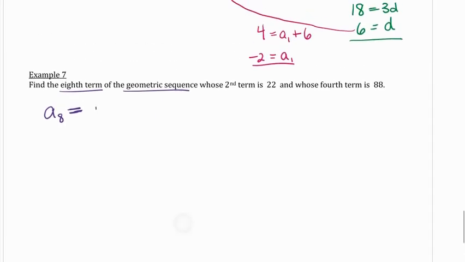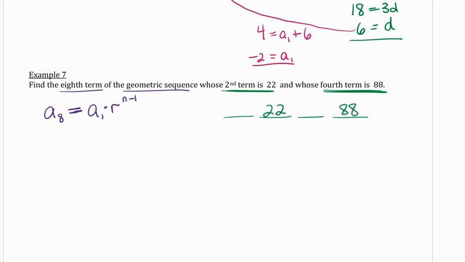So whatever our first term is, times our common ratio to the n-1. And this time we are given the second term is 22, the fourth term is 88.